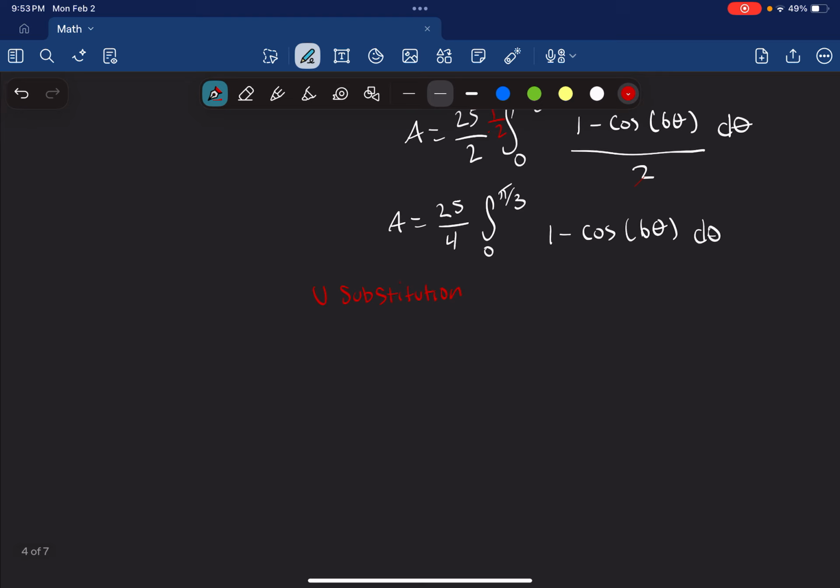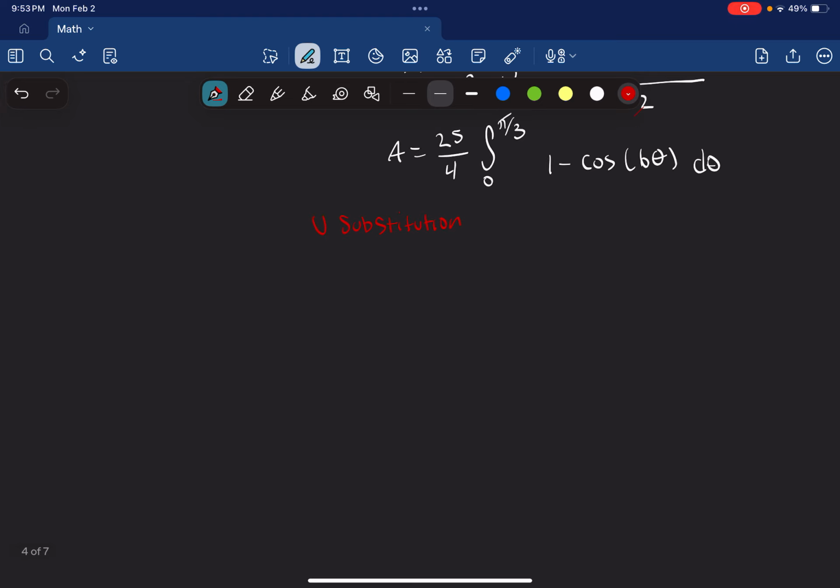So I would say U equals 6 theta, du equals 6 d theta. Then I would divide du by 6, which would leave us with 1 over 6 du, which would equal d theta.